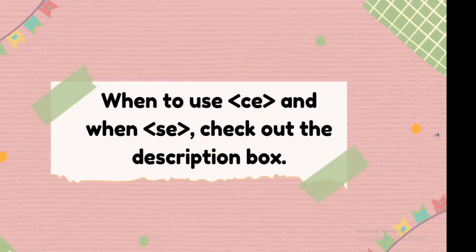Now, when to use CE and when SE at the end of English words to say the /s/ sound, you need to check out the description box because we have a set of tips that will help you to get the right spelling. Here, if I start explaining them, the video will be too long. So it's better to first go with the first three tips, and then for soft C, you can help the kids with the next video.